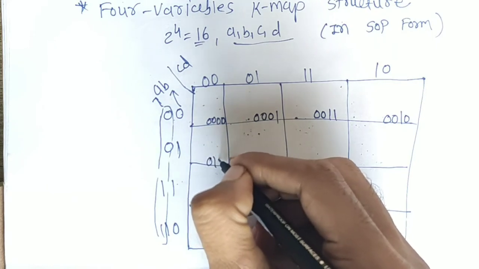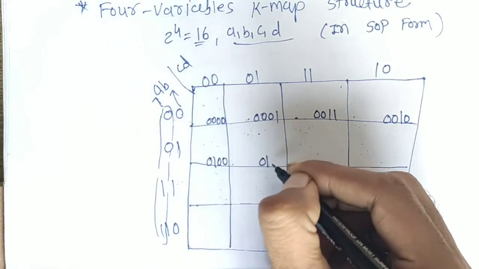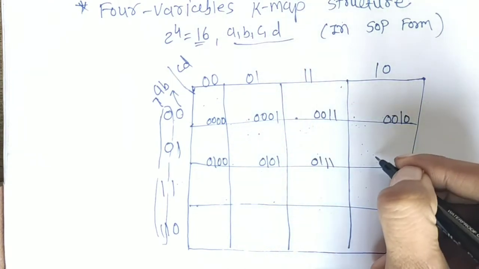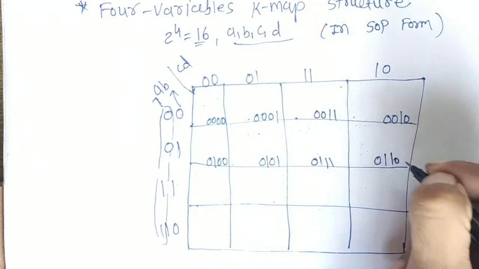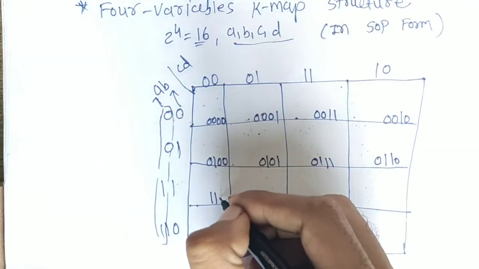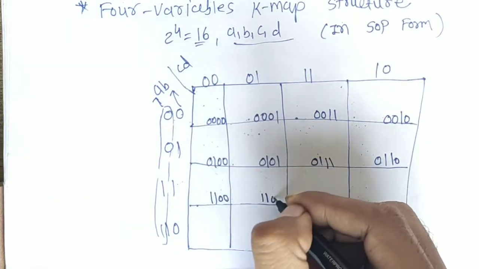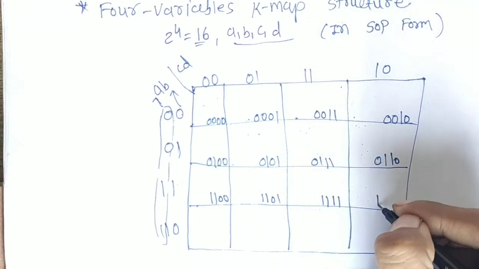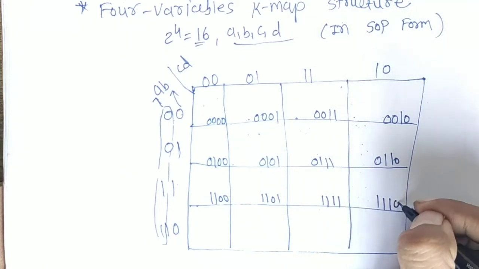This one is 0, 1, 0, 0. 0, 1, 0, 1. 0, 1, 1, 1. 0, 1 and then 1, 0. 1, 1, 0, 0. 1, 1, 0, 1. 1, 1, 1, 1. 1, 1, 1, 0.